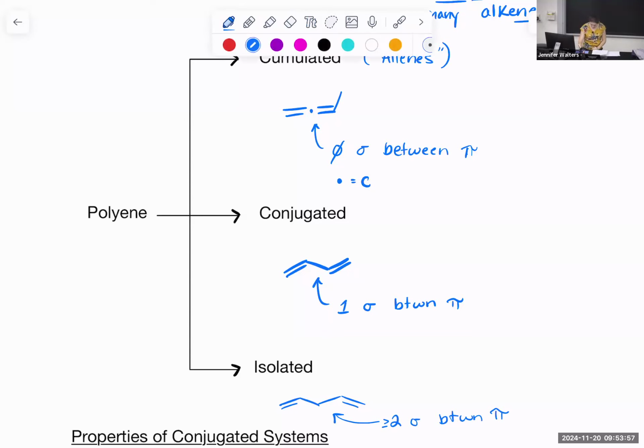We are going to focus on those conjugated systems because isolated is just going to act like normal alkenes, or alkynes, right? So it's acting just like a normal double or triple bond.